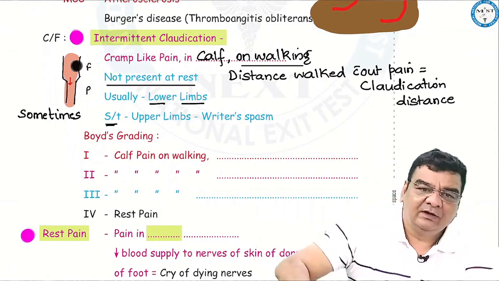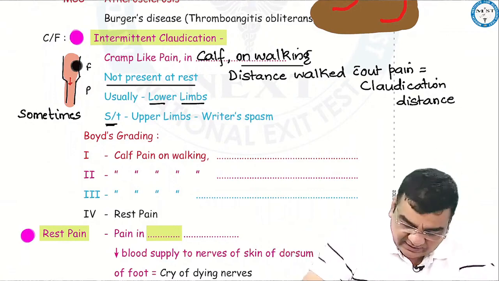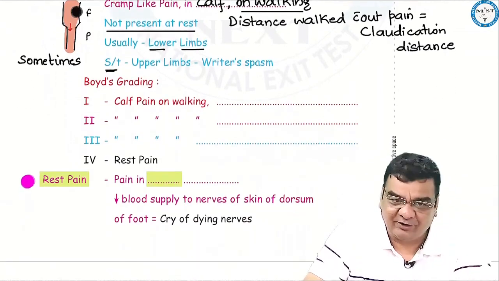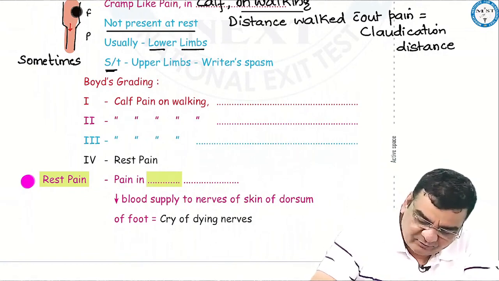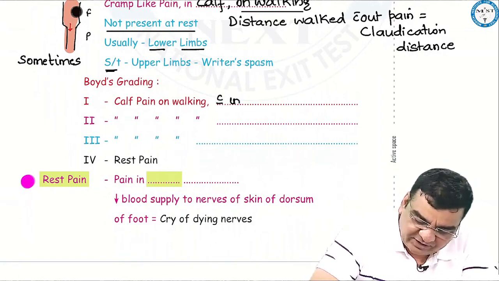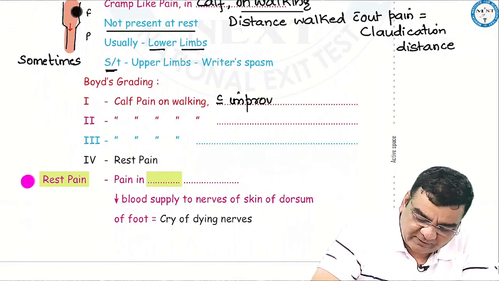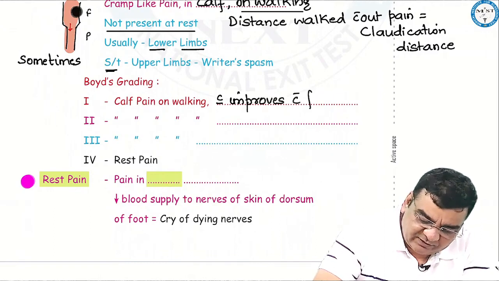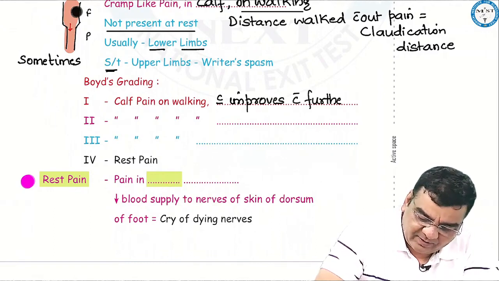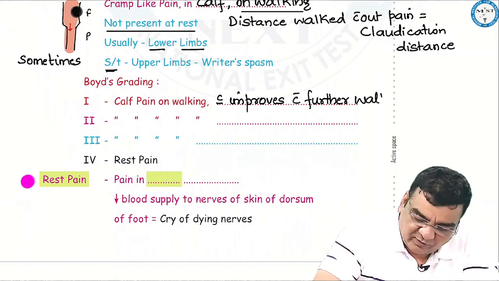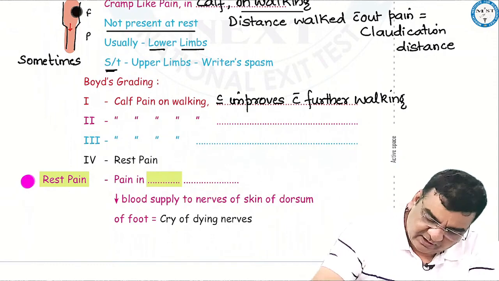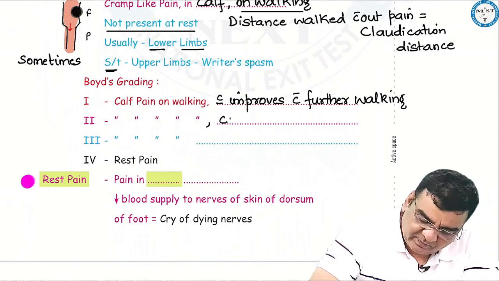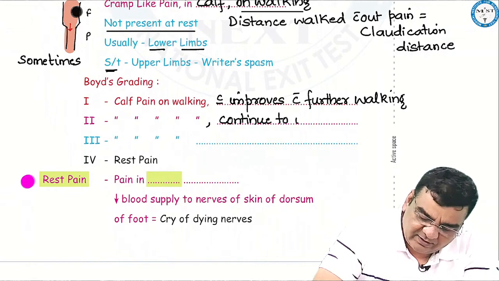Fine, beta. Now we can do a Boyd's grading here for intermittent claudication. Boyd's grading: calf pain on walking which improves with further walking, this is grade 1. Then calf pain on walking, patient continues to walk with pain.